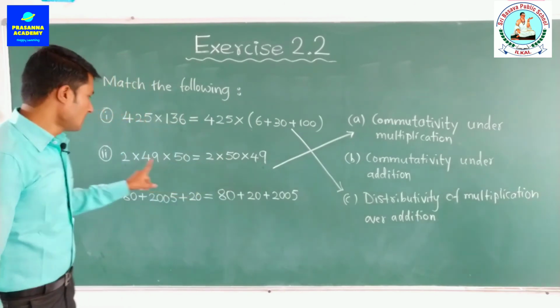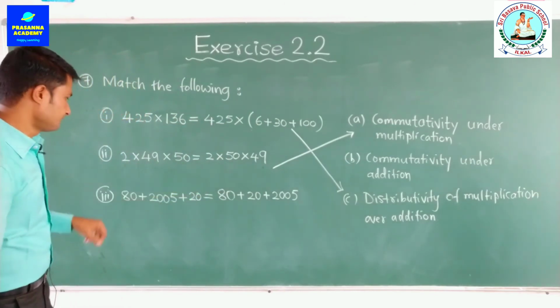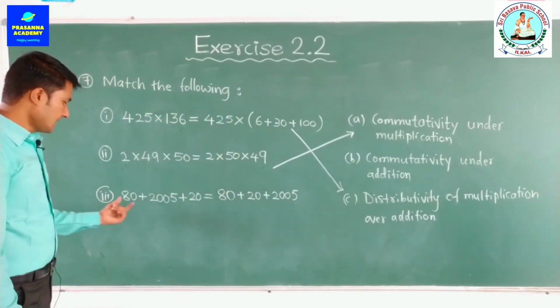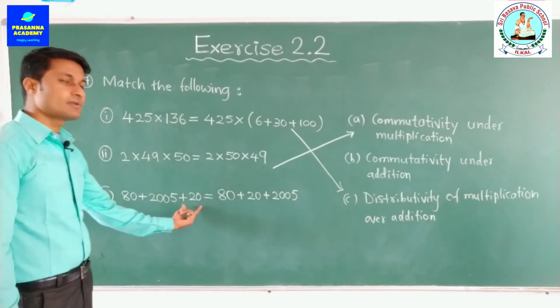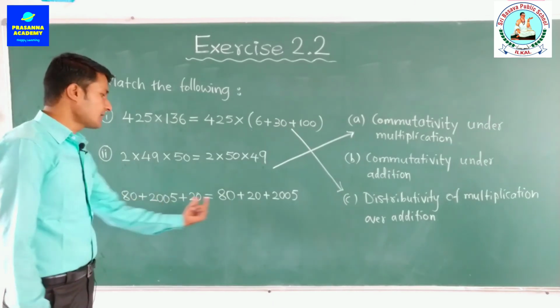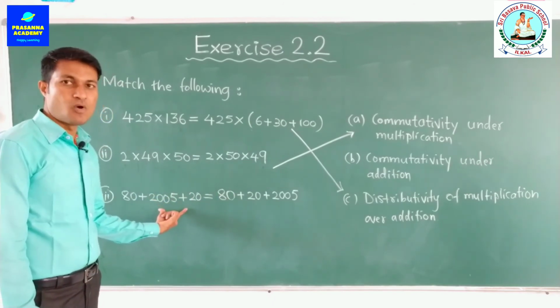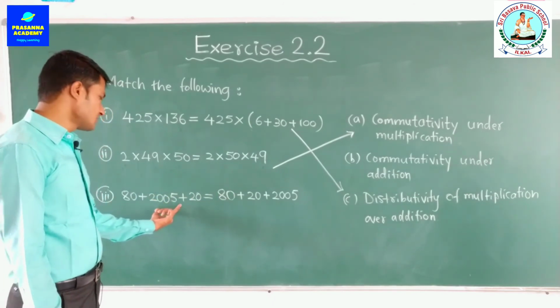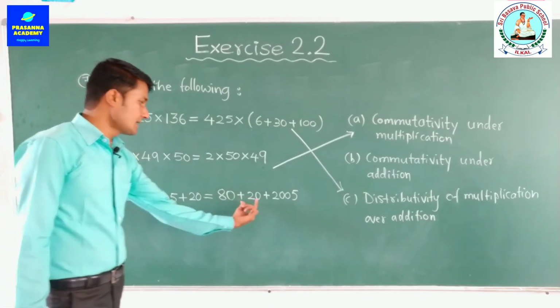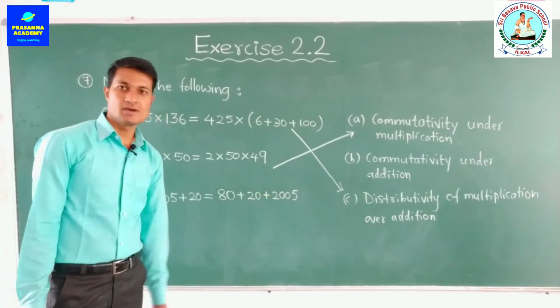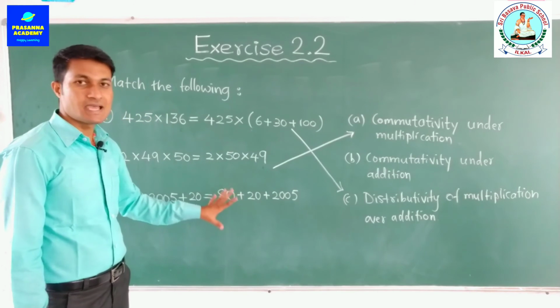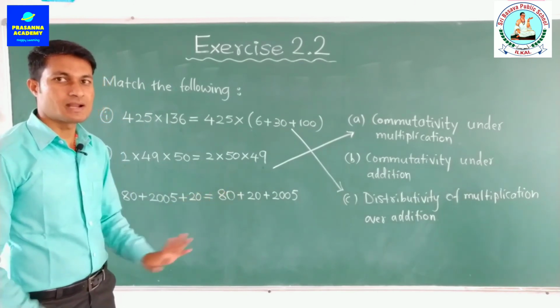Last one, that is 80 plus 2005 plus 20. So here also they have written the first number as it is, but they have changed the order of these two remaining numbers. Those are 2005 and 20, and they wrote like 80 plus 20 plus 2005, which means they have changed only the order, nothing else.